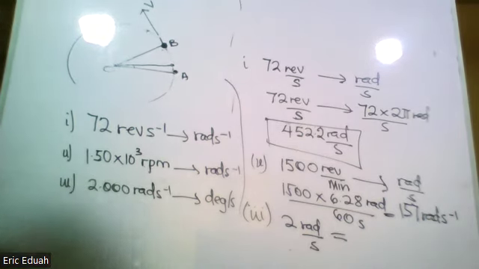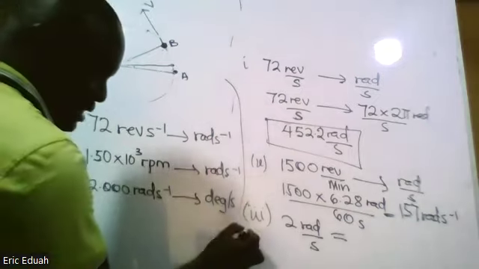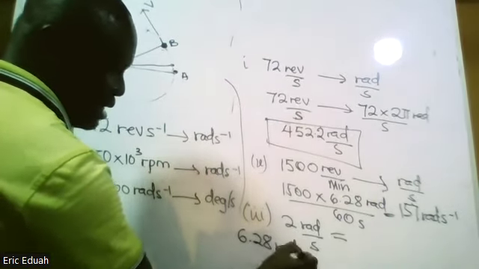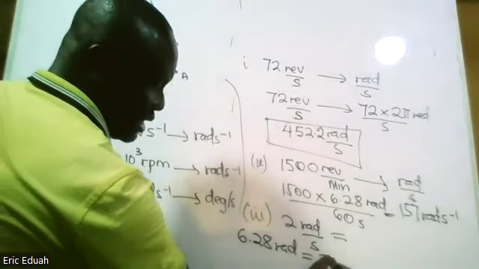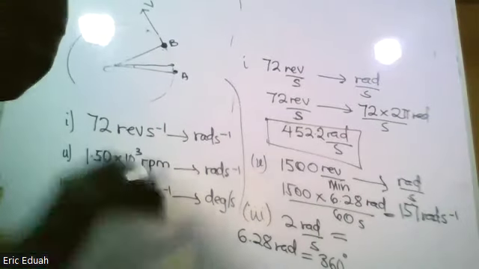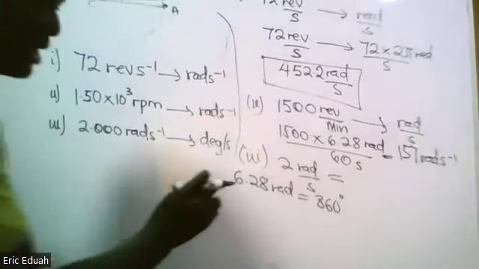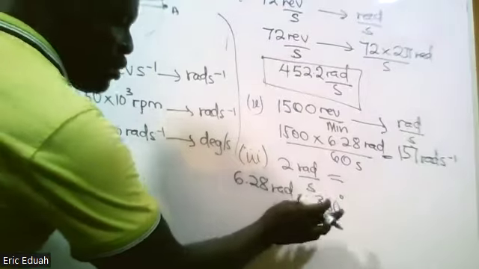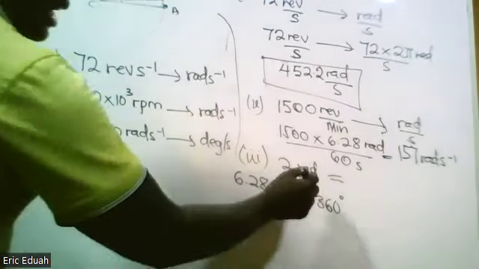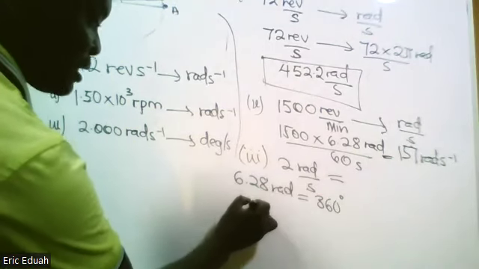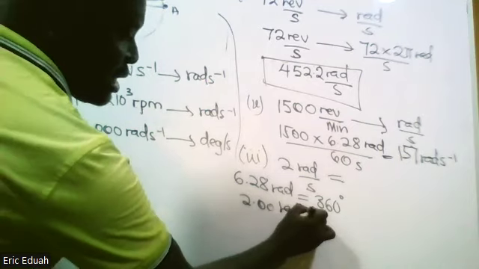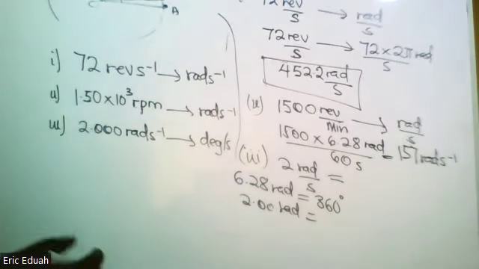6.28 radian is equal to 360 degrees. So if 6.28 radian is equal to 360, now we have 2.0 radian. Will it be more or less?